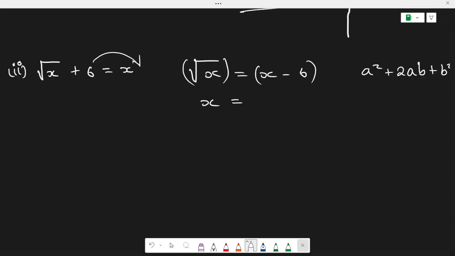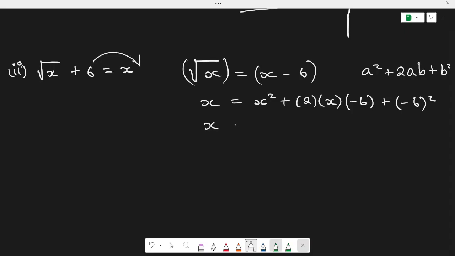So what we're going to get is x squared plus 2, and our a is x, then our b is -6, plus 6 squared.